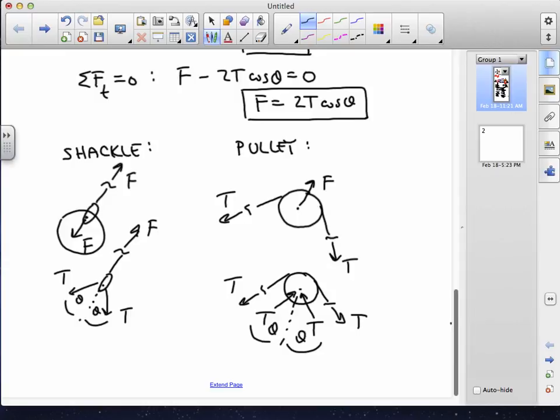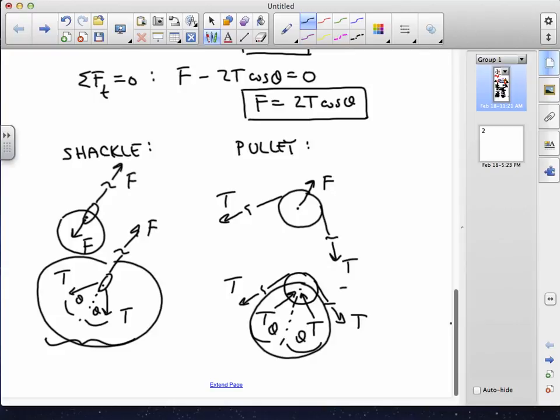There may be instances when it's convenient to leave the pulley on its bearings, and other instances when it's convenient to remove it. As the figure shows on the left here, the bearing forces exerted on the shackle by the pulley can be represented by shifting the forces carried by the cables to the bearing center. The bearing forces exerted on the pulley by the shackle are equal and opposite to those carried by the cable.